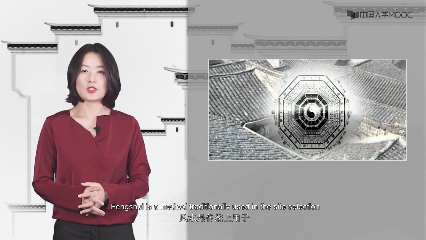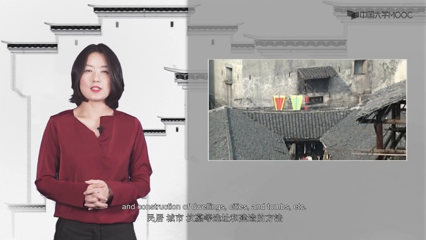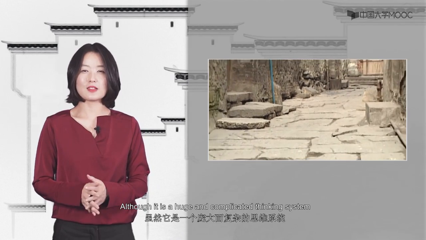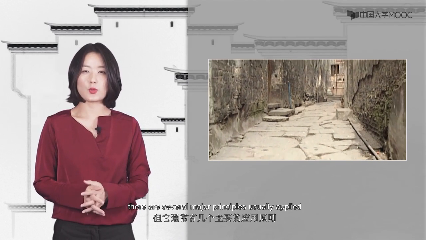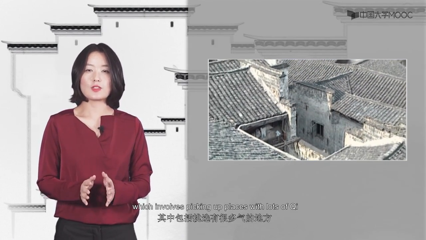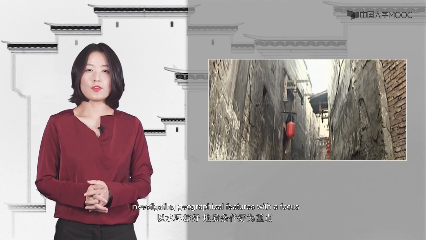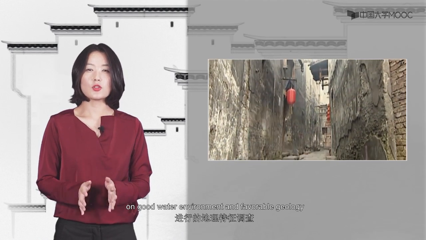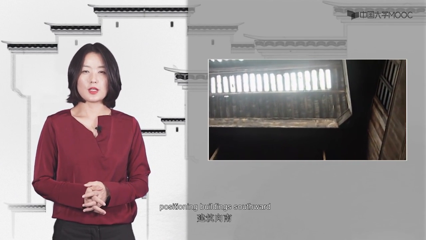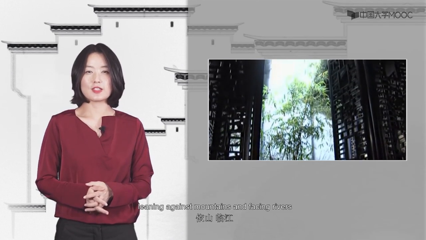Feng shui is a method traditionally used in the site selection and construction of dwellings, cities, and tombs, etc. Although it is a huge and complicated thinking system, there are several major principles usually applied, which involves picking up places with lots of qi, a universal term of energy, investigating geographical features with a focus on good water environment and favorable geology, positioning buildings southward, leaning against mountains and facing rivers.